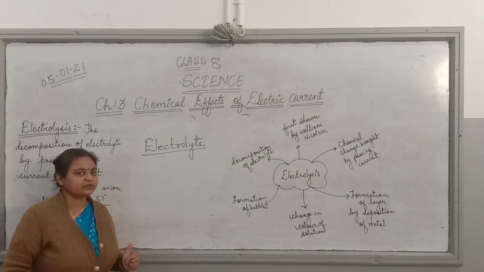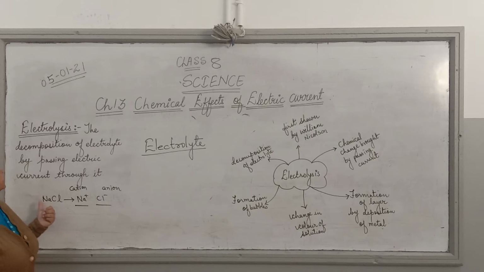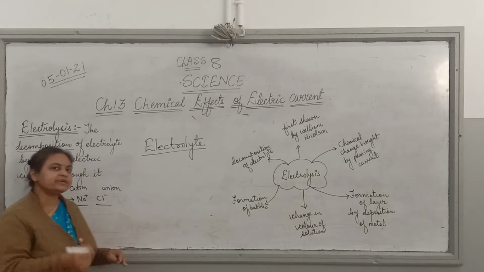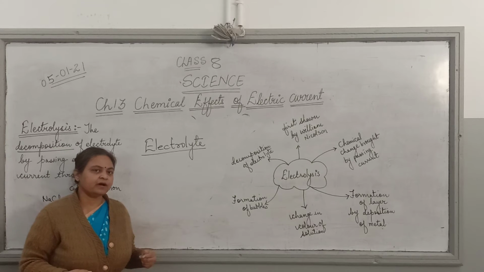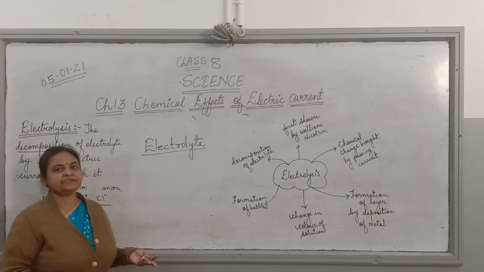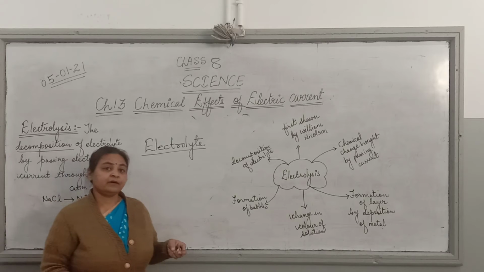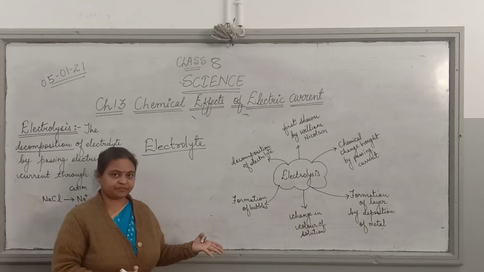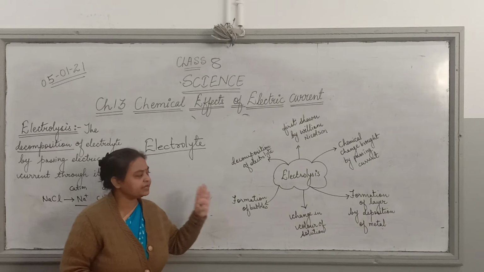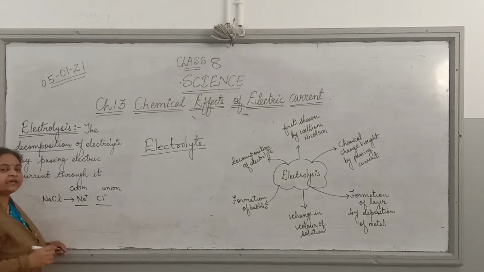And our topic for today is electrolysis, the decomposition or breaking down of the electrolyte, making a new substance out of it. Maybe some gas may be released, some metal may be released, and that can be deposited on the electrode. So that process is known as electrolysis.